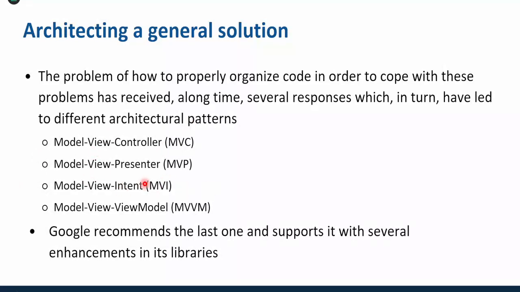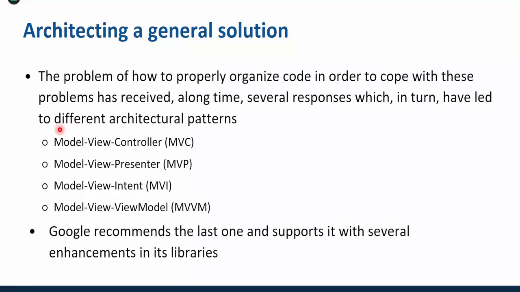And beware that maybe the model view model name may be a little bit misleading, because here you see four letters, so maybe you expect four actors, but view model is just one component. So in all the architectural patterns, you will always have three main components.